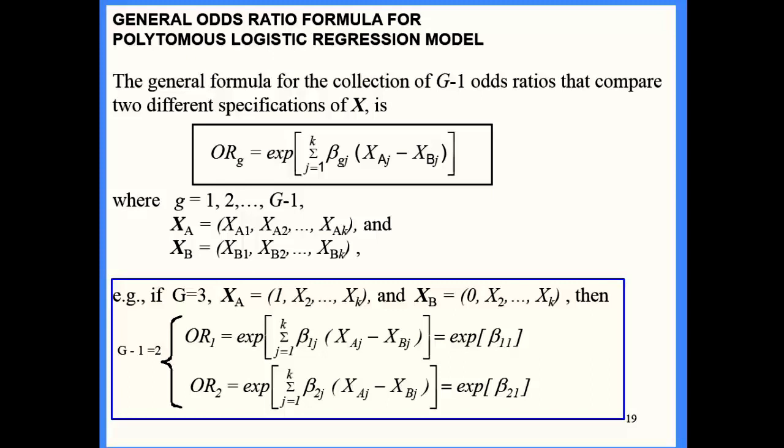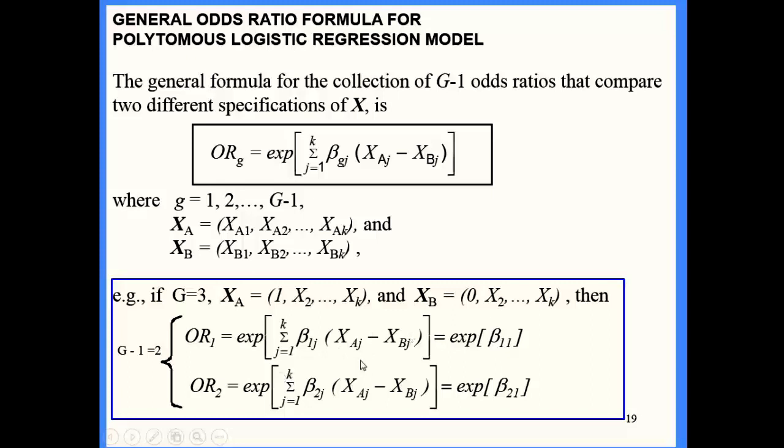And if you actually crank things into this formula, OR1 will be e to the beta. It's an e to the beta formula. It will be e to the sum, i goes from 1 to K, beta 1J XAJ minus XBJ. But you notice that X2 and X2 are the same for persons A and B. So when you're talking about the second of these J's, this part drops out of the model.